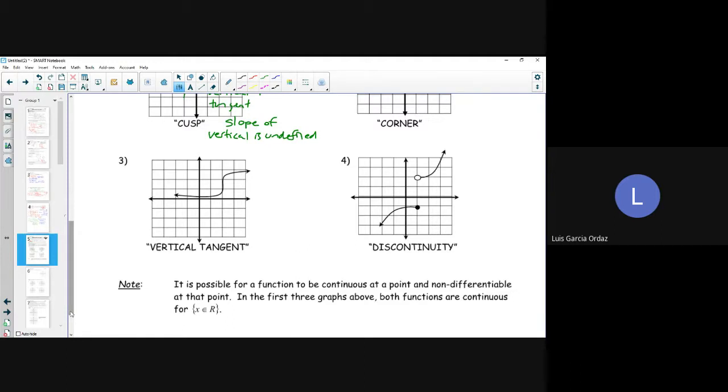You have this vertical tangent here, and as we know, the slope of a vertical tangent remains undefined. And then the last one's pretty obvious. Why does the derivative fail to exist in the last one? It's not continuous, which means there's no tangent line at the point x equals 1. So there is a hole.